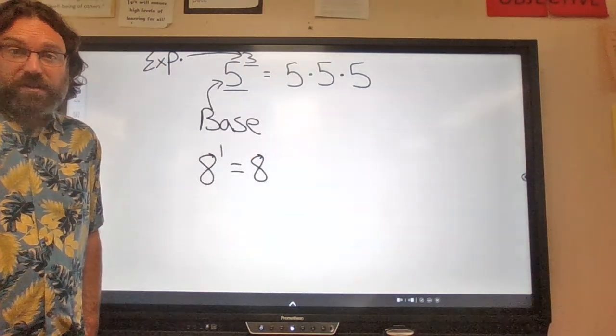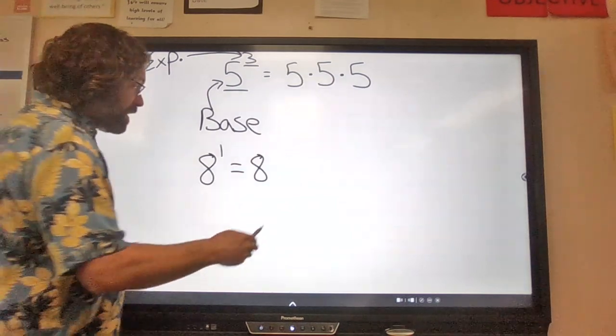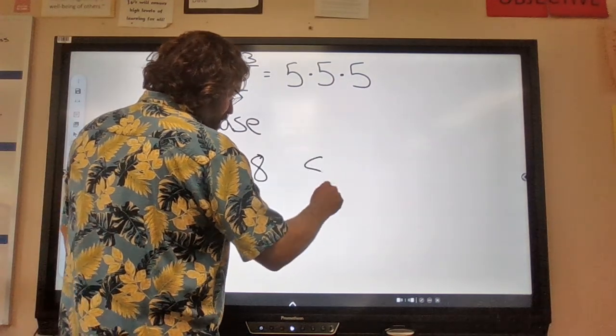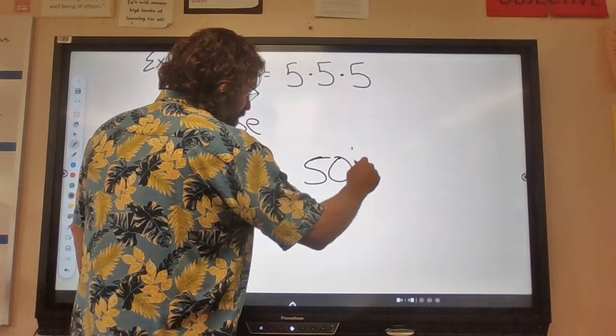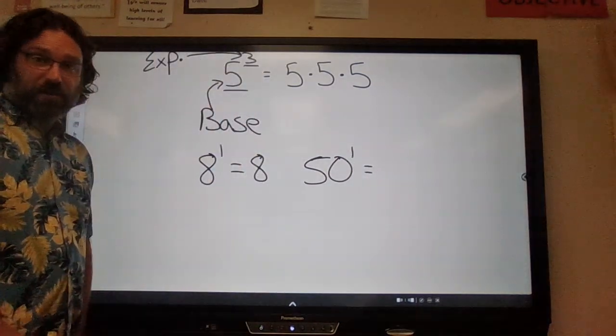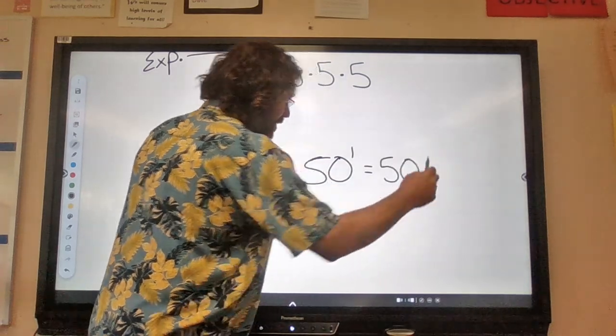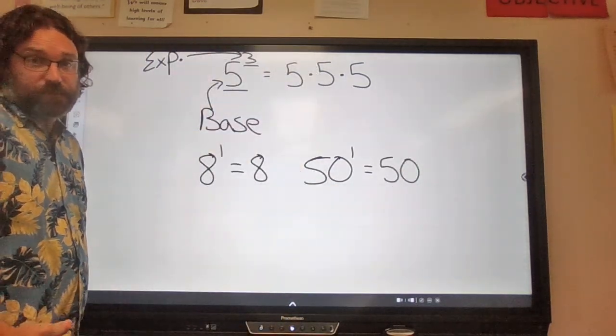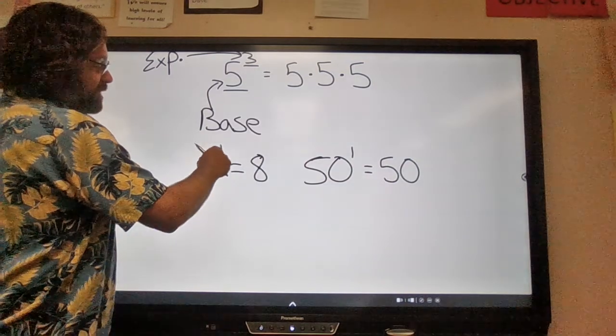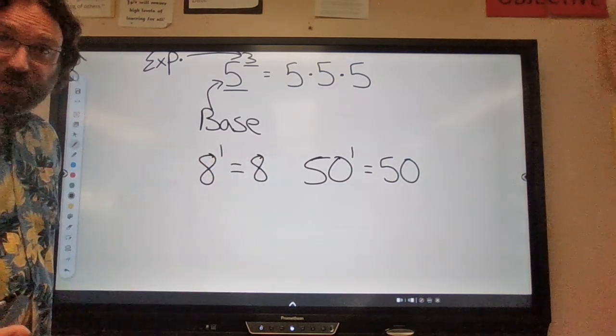Okay? That's all there is to it. And if I then give you 50 to the first power, what do I get? 50. Okay? So here, if it's just to the first power, it's the same as your base.